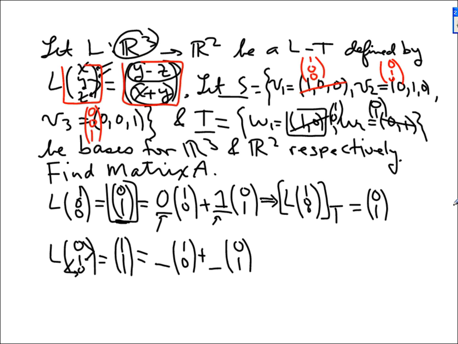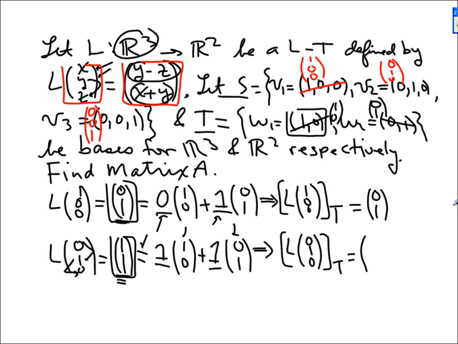If you add these two vectors, 1, 0 plus 0, 1, you get 1, 1. So I really want 1 times 1, 0 plus 1 times 0, 1, and if you add them, you do get 1, 1. So the coordinates of L of 0, 1, 0 with respect to the basis T is 1, 1.